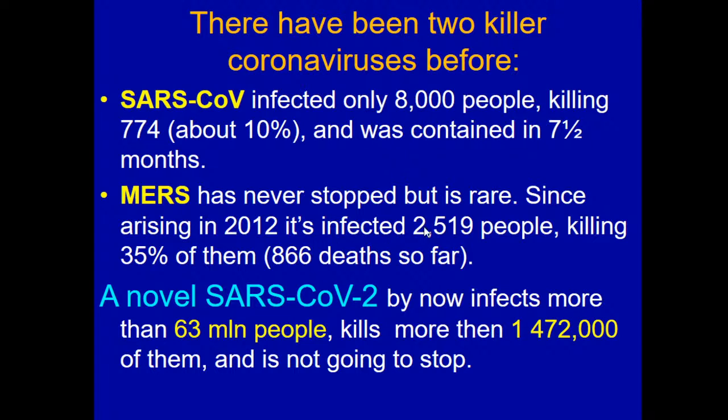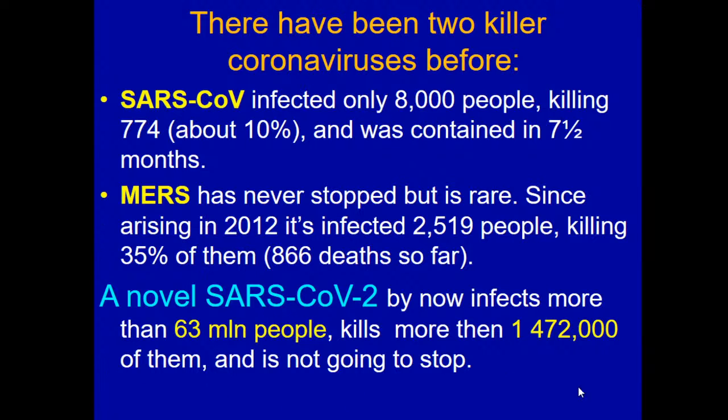MERS has never stopped, so even now we have a very low but permanent incidence of the disease. Since arising in 2012, it has infected roughly 2,500 people and killed 35 percent of them. So the lethality of this virus is much higher.